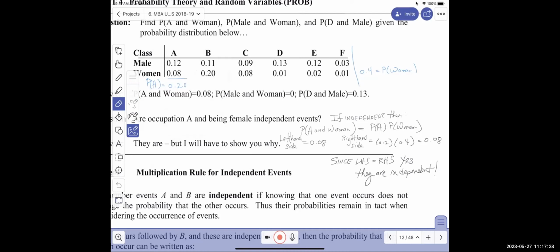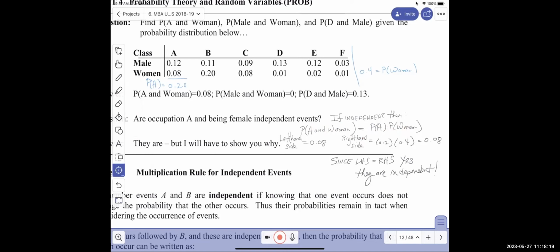What's another way that you could do this? What is the idea of independence beyond this verification?